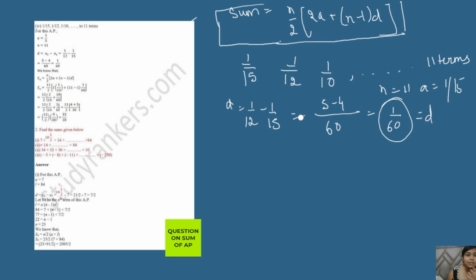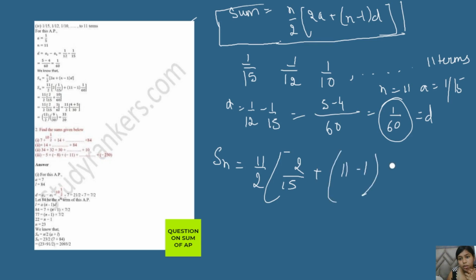Now the sum formula. Sum will be N by 2, 11 by 2, 2A, it means 2 by 15, plus N minus 1, D is 1 by 60. So it will be 11 by 2, 2 by 15, plus 10 by 60, that is 1 by 6. Am I right?